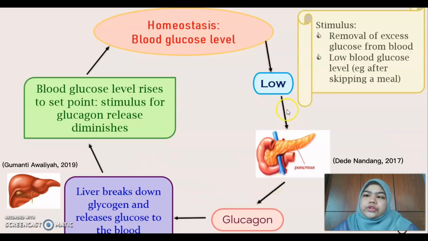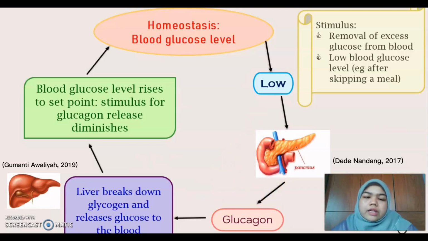When the blood glucose level declines because you are fasting or skipping a meal, it will stimulate the pancreas. The alpha cells of the pancreas are stimulated to release a type of hormone called glucagon.